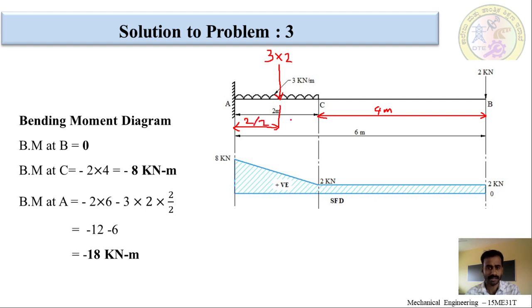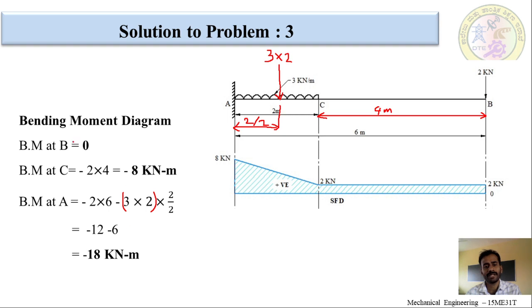This is the load, which is 3 into 2, because I am replacing the UDL with the equivalent point load. It will give the same effect which the UDL has already in place. So, we replace this UDL with the equivalent point load, and this is the load value and this is the distance, which is half of the length of the UDL, that is 2 divided by 2. It is minus 12 minus 6. Okay. It will be minus 18.